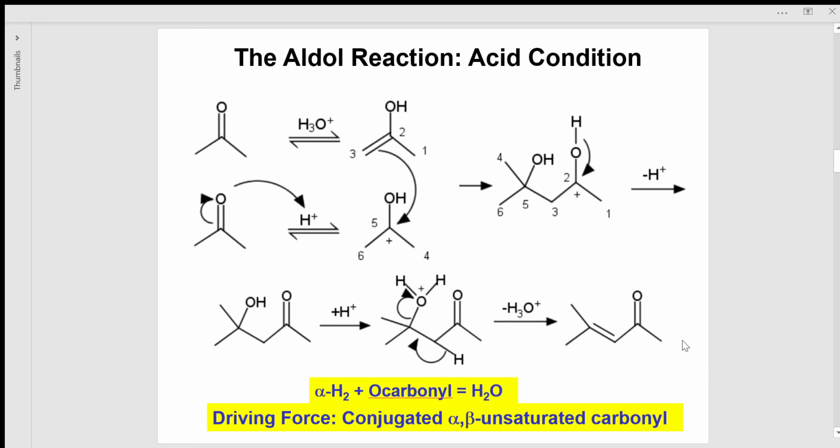So the quick way to know the structure of the final product is: 2 alpha hydrogens plus the second molecule's carbonyl oxygen form a water, and the water is eliminated during the condensation reaction between the two molecules. A new alpha beta unsaturated carbon-carbon double bond is formed, plus one of the two carbonyl functional groups remains in the final product.